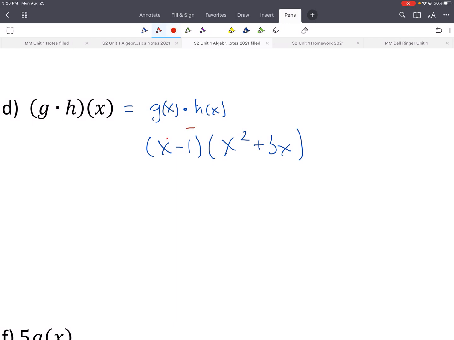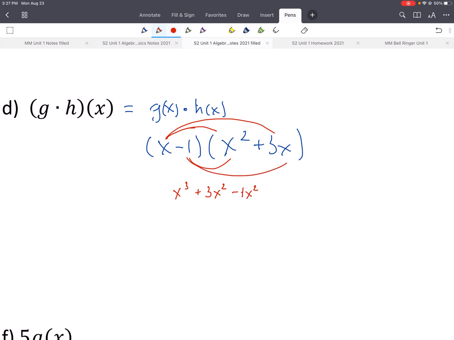So we multiply x times x squared. X times x squared is x to the third. And then x times 3x, well, that would give us plus 3x squared. And then we have negative 1 times x squared will give us a negative 1x squared.